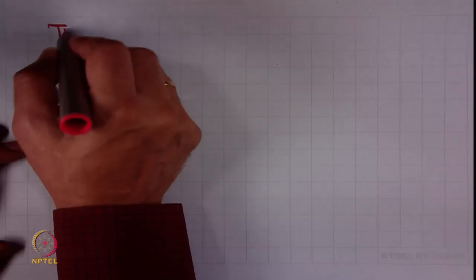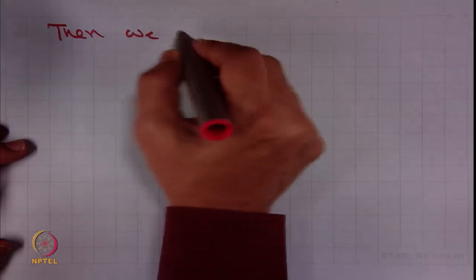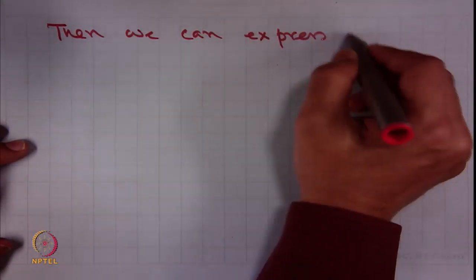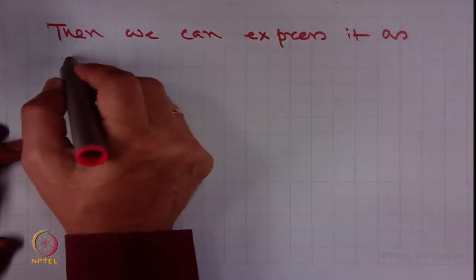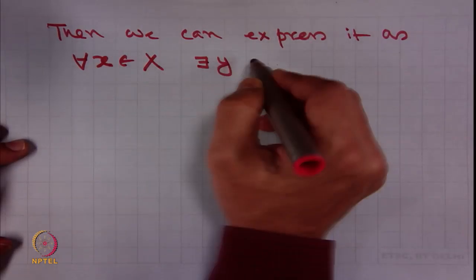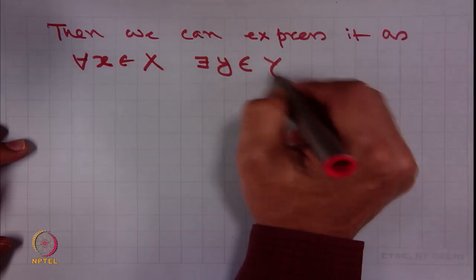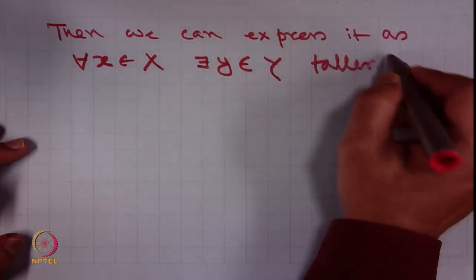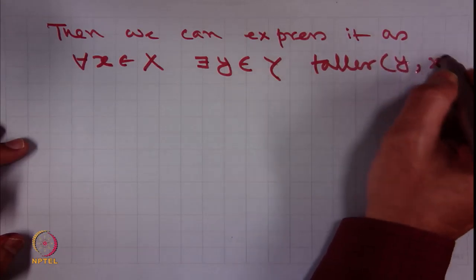Then we can express it as for all x belonging to X, there exists y belonging to Y such that taller y x.